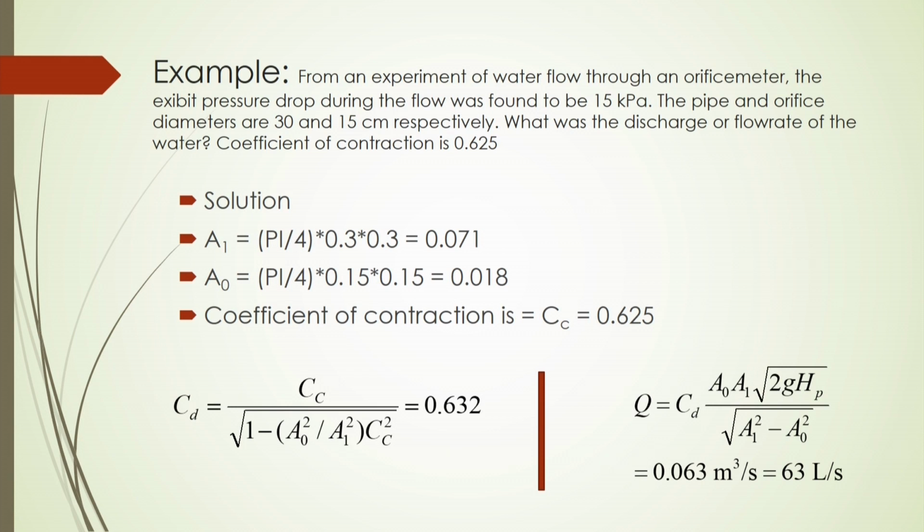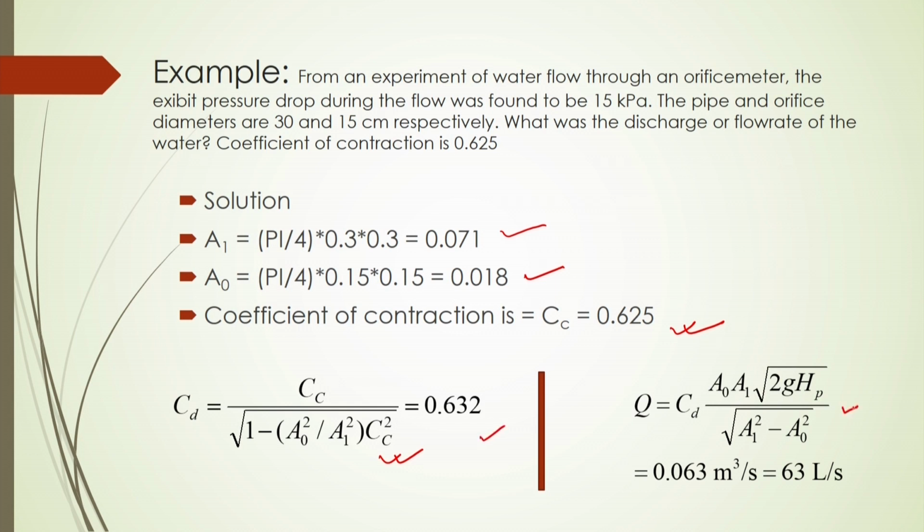In this case you first have to calculate A1, the cross section at section 1, and A0, the cross section at the vena contracta, and then the coefficient of contraction is Cc. Then Cd will be equal to, as per the equation, Cc by root over 1 minus A0 square by A1 square into Cc square, which will be equal to 0.632.